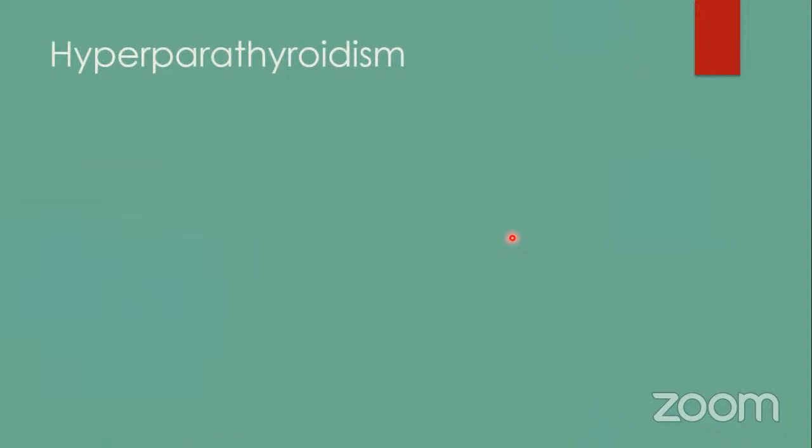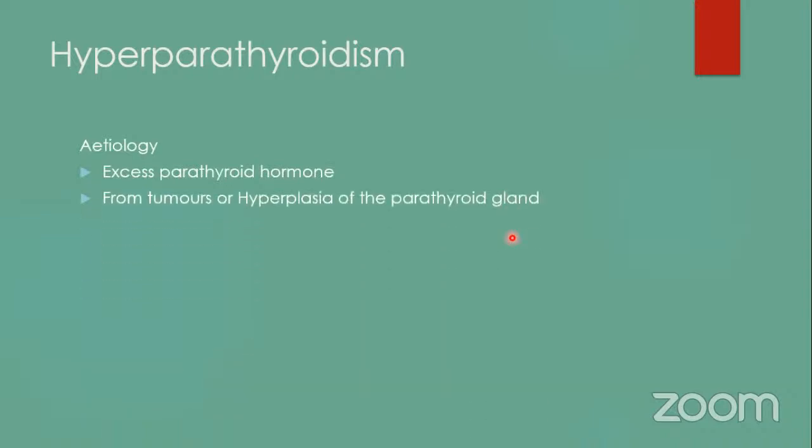We shall just look at a few examples, because at the end of the day, radiologically, they look almost the same. So let's look at hyperparathyroidism. What's the etiology? This is where we have excess parathyroid hormone, and this can result from tumors of the parathyroid gland, or hyperplasia of the parathyroid gland.